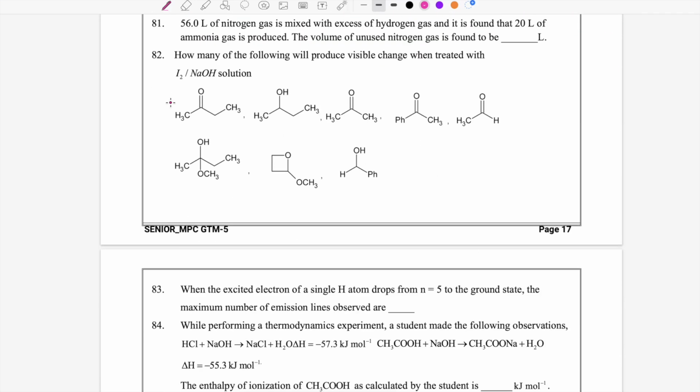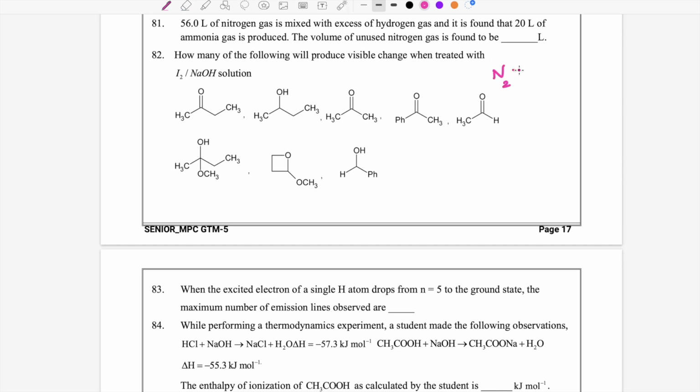We'll move to the numerical part. 56 liters of nitrogen gas is mixed with excess hydrogen gas and it is found that 20 liters of ammonia is formed. The volume of unused nitrogen is? This is a limiting reagent question, so we'll write the equation.